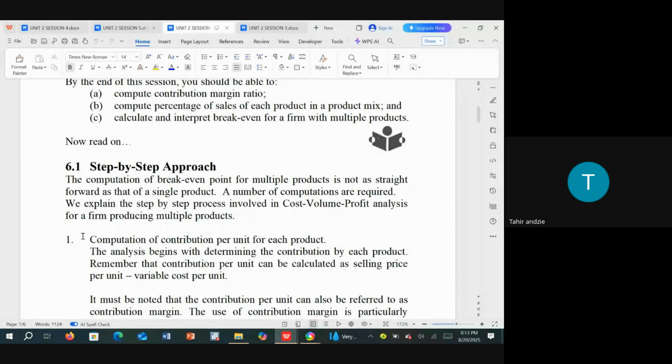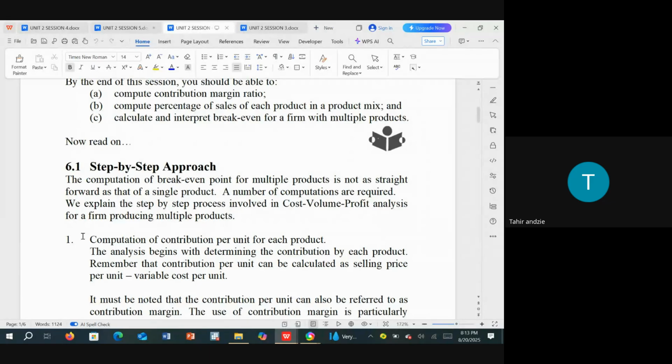The computation of the break-even points for multi-product is not as straightforward as that of a single product, because for the single product, once we have arrived at the break-even formula, we said break-even sales can be obtained by dividing the fixed cost by the contribution margin ratio.